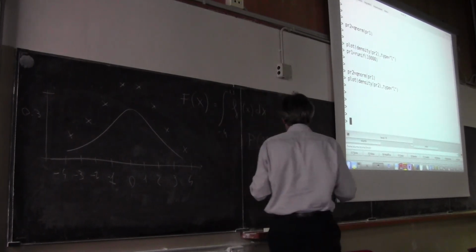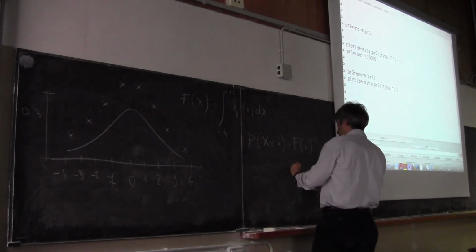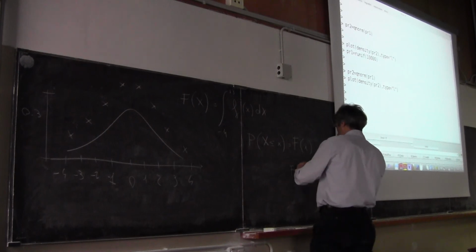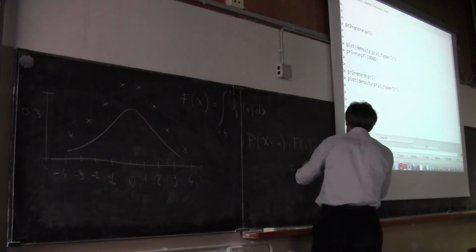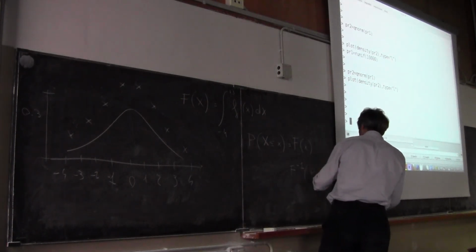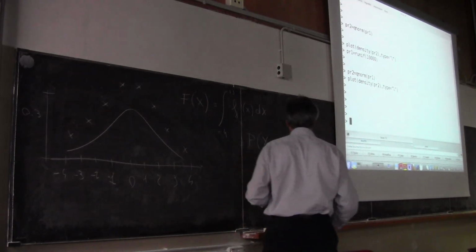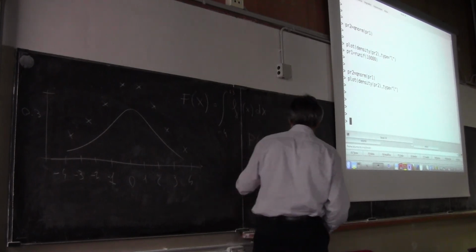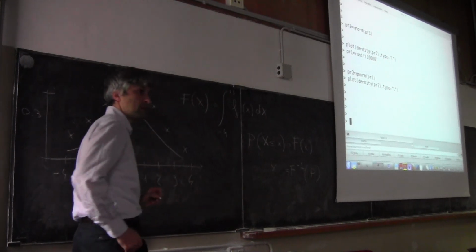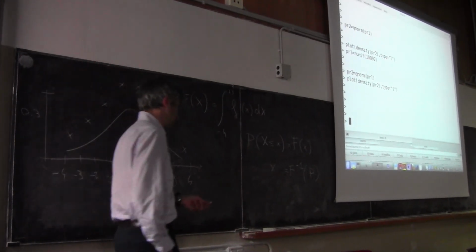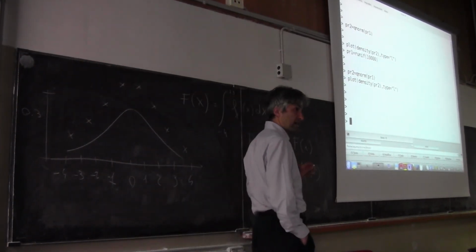So let me write it. If you take F minus 1, the argument then is a probability, and this gives back to you the capital X, the lowercase x.